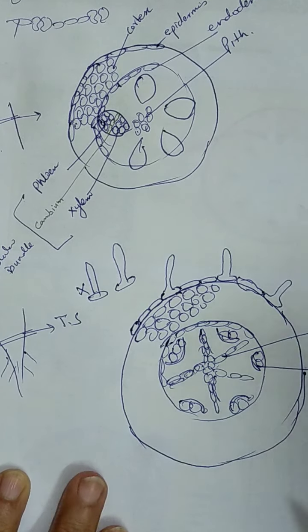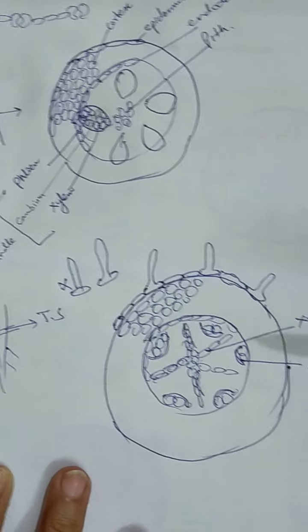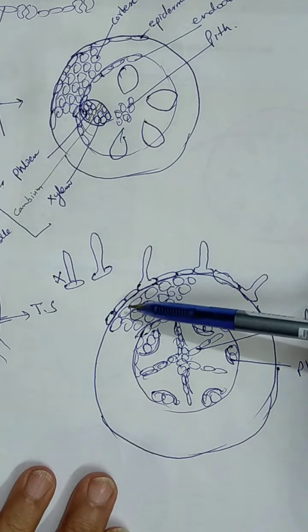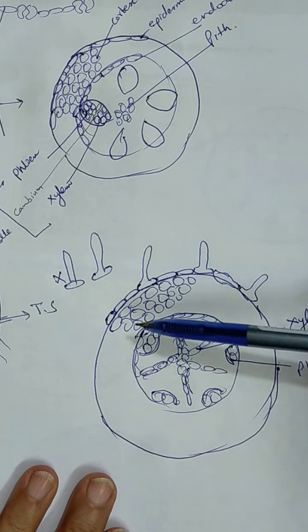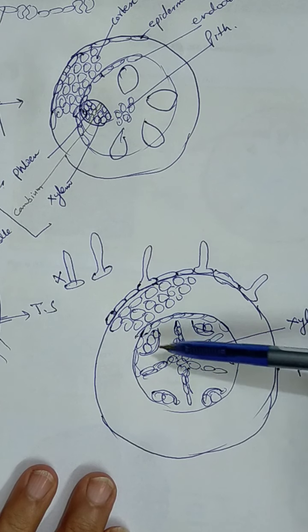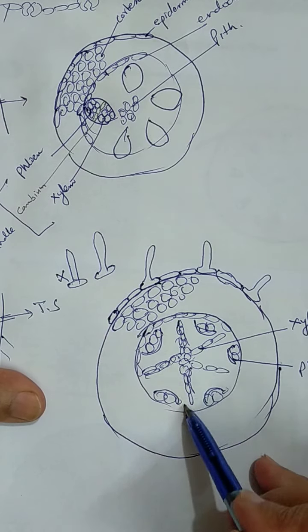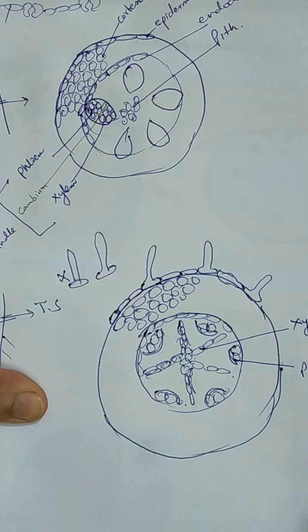So here you can find the arrangement is totally different. Nearly the structural cells are the same, for example epidermal layer, then cortex cells, endodermis, then xylem and phloem, but the arrangement differs: star-shaped xylem is present, and between the arms of the xylem phloem is located.